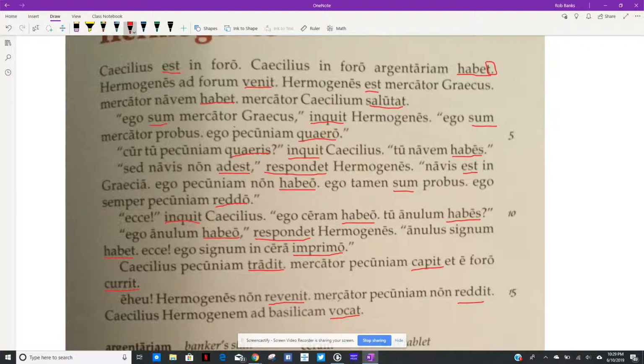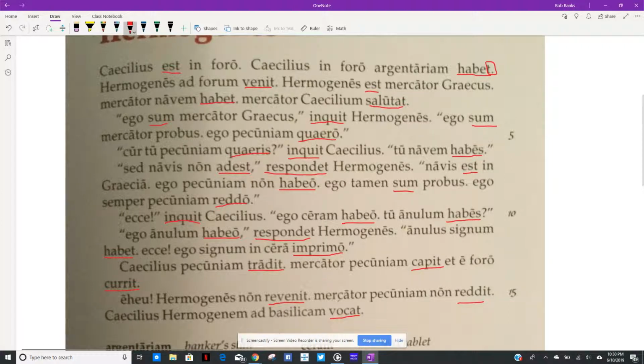Because everyone who is honest has to constantly remind people that they're honest. So I am an honest merchant, he says. Ego pecuniam quaero. So ego quaero, right? This is going to be typical for I verbs, right? They end in O, right? Not T, not S, but O was I something. So ego quaero, I am looking for, like you're on a quest for something, I'm looking for pecuniam, money. Pecuniam, of course, is what declension?